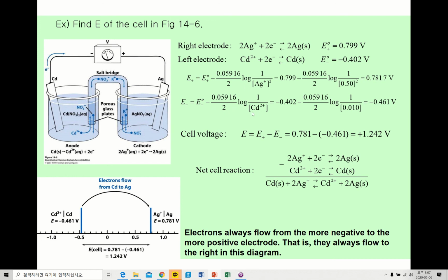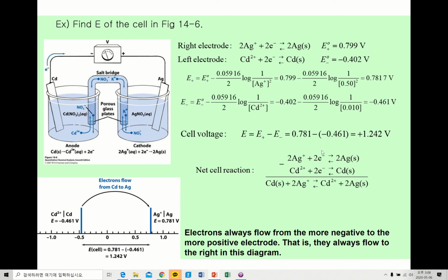The cadmium concentration is 0.01 molar, and we got minus 0.461 volt. So the cell voltage is 0.7817 minus minus 0.461, and we got 1.242 volt. So this is greater than zero.